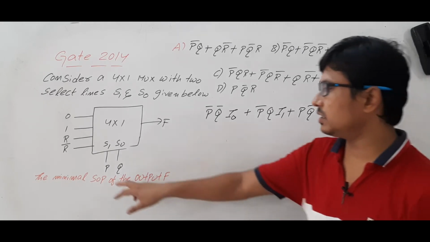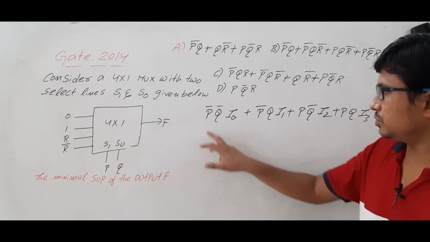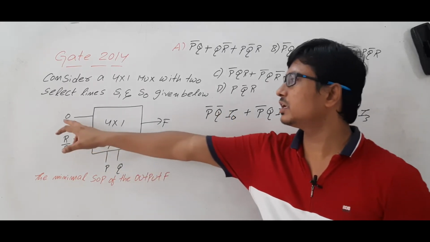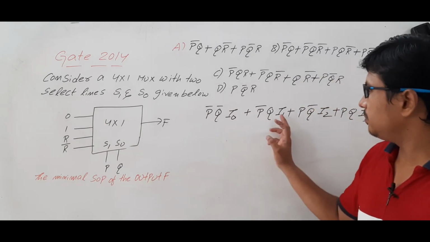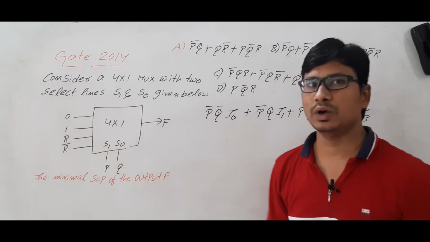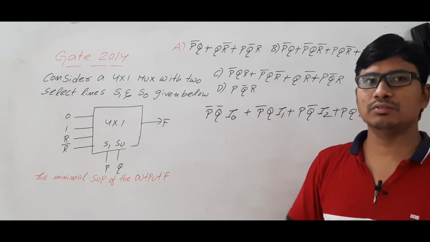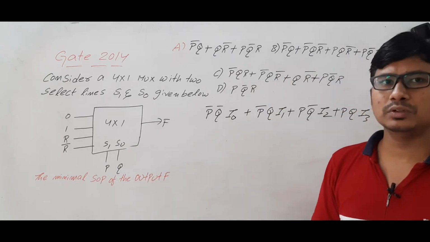Now if you see, they have given P and Q, so it will be P complement and Q complement everything. But in place of I0, they have given the value as 0. In place of I1, they have given the value as 1. In place of I2, they gave the value R. In place of I3, they gave the R complement. So just substitute those values.